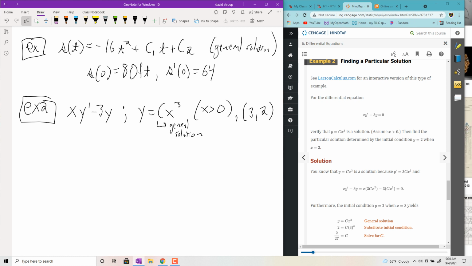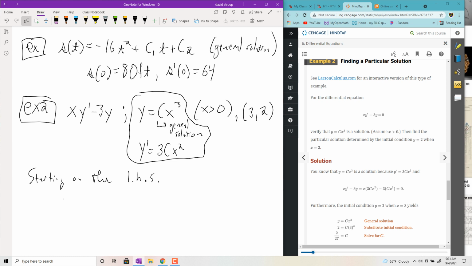So first off, I have to get that derivative again. So I get, doing a power rule, 3c x squared for the derivative. And then starting on the left-hand side, xy prime minus 3y is going to be x times 3cx squared minus 3 times cx cubed.